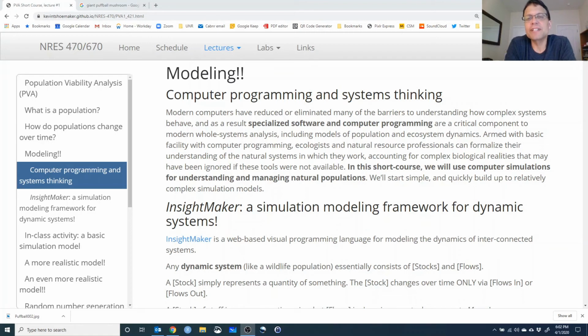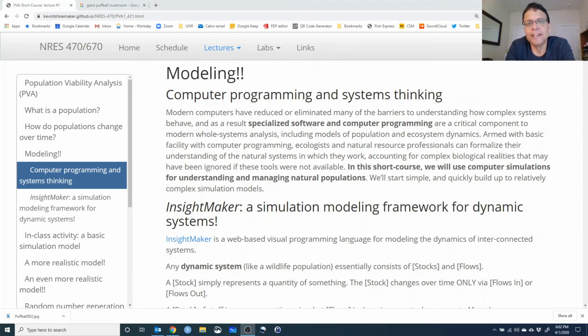But really, in recent years, with the advent of really fast computers, high processing computers, cloud computing, things are exploding in the modeling world, and as it relates to conservation biology and ecology, but almost every other discipline as well. Computer models are becoming more and more essential to productivity in science and other aspects of life.